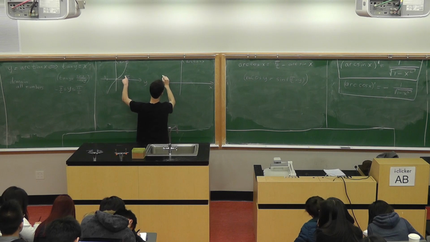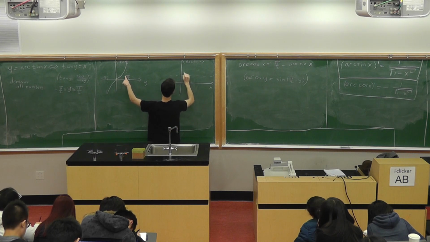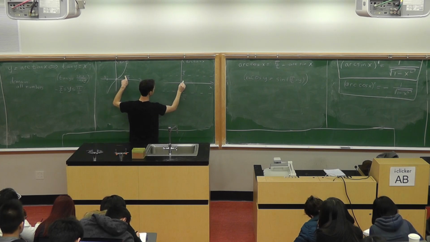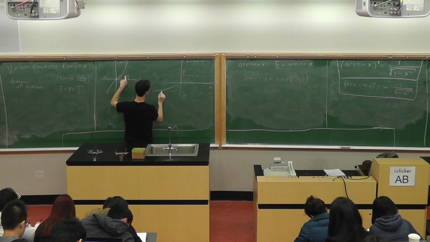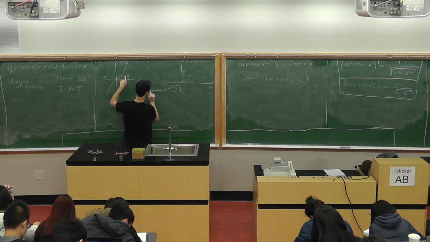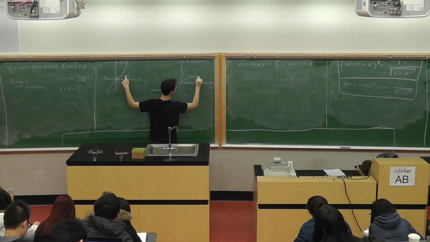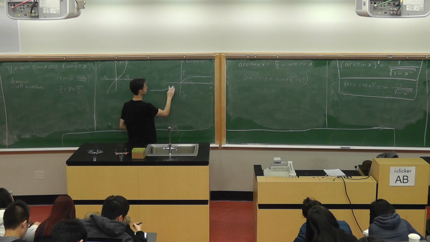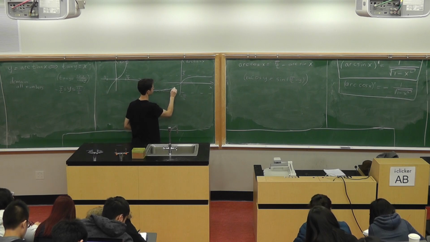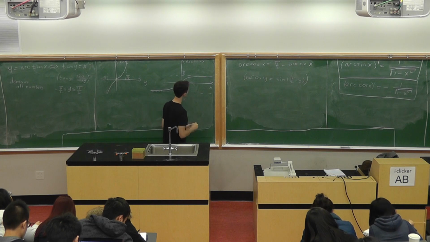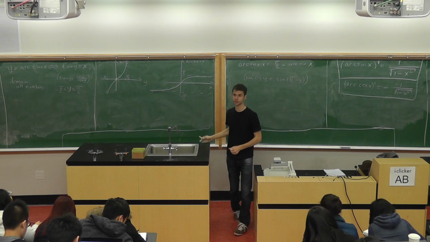So we have this line of height pi by 2, this line of minus pi by 2, and our function approaches these lines. So that's the graph of arc tangent.